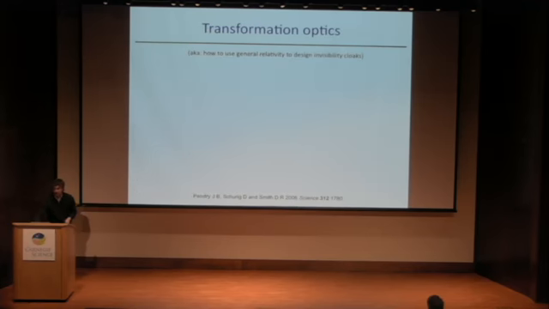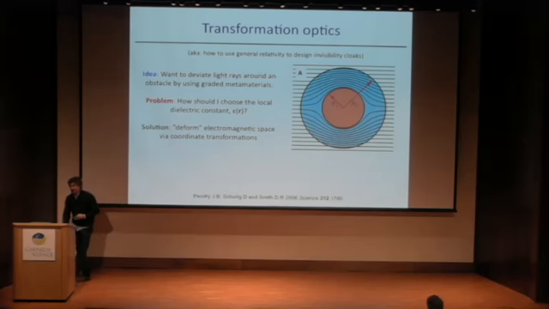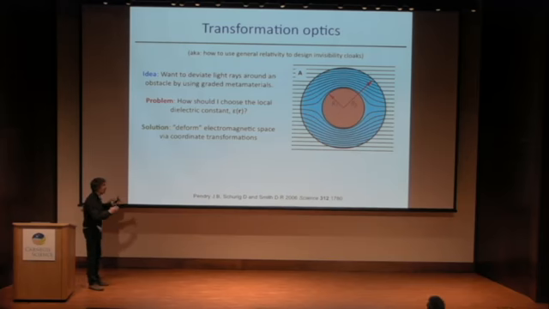So we have some issues then with the electrostatics, because we need to work in a curvilinear frame. And for this, general relativity comes in help. In particular, I took inspiration from transformation optics to be able to solve the Poisson equation in a system that is no longer Cartesian. And it's actually easier than it sounds.